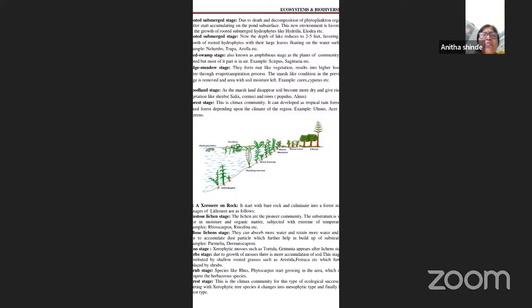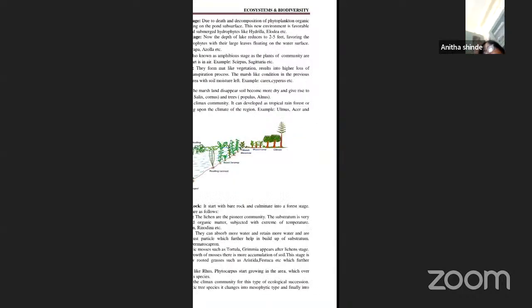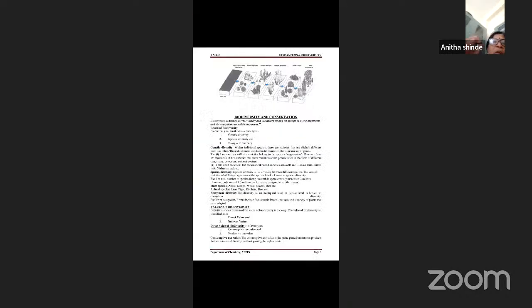The different stages of the lithosere include the crustose lichen stage, then the foliose lichen stage, moss stage, herb stage, shrub stage, and lastly the forest stage. So that is how ecological succession takes place.